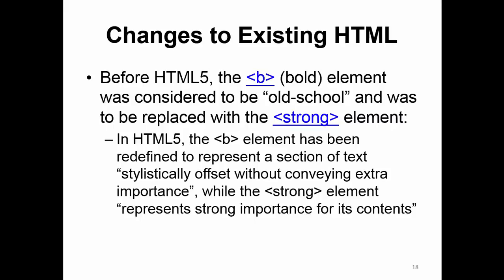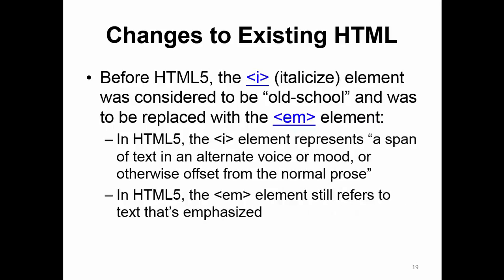Here's some other changes. Again, the idea is you don't use a B for bold tag anymore. Now you use strong, and that represents importance. That is especially important for people who are blind or have some kind of sight impairment. I has been replaced with EM, which means emphasis.